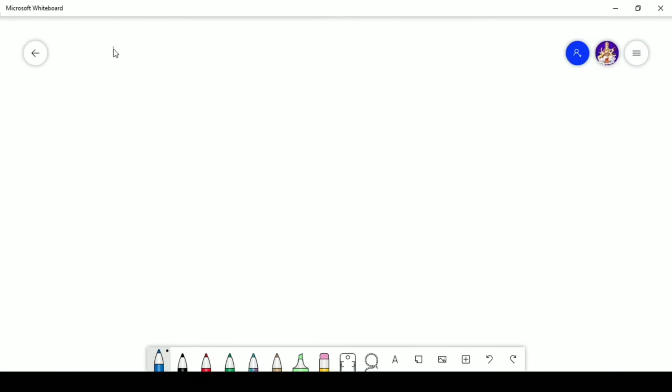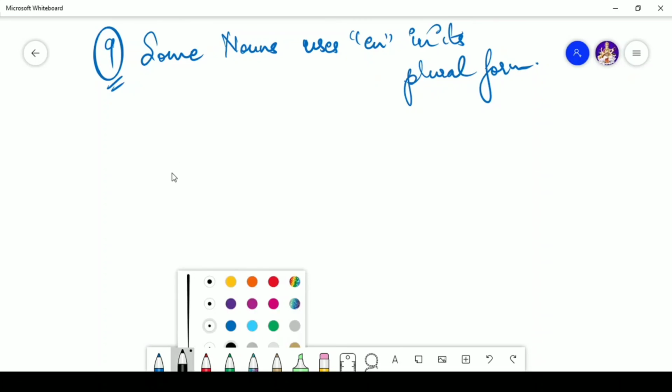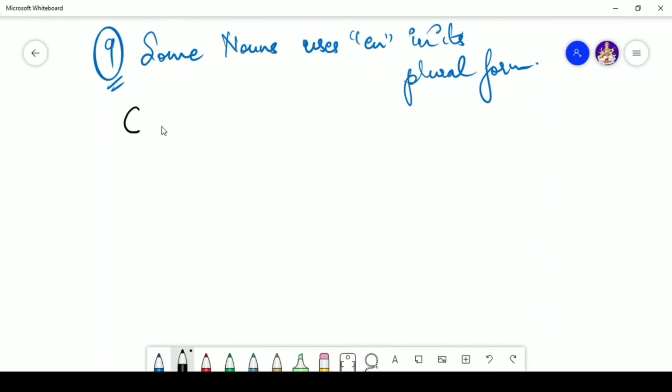Now let's talk about the ninth rule. What is the ninth rule? The ninth rule says that some nouns use en in their plural form. Let's say, for example, ox, child, or choose.